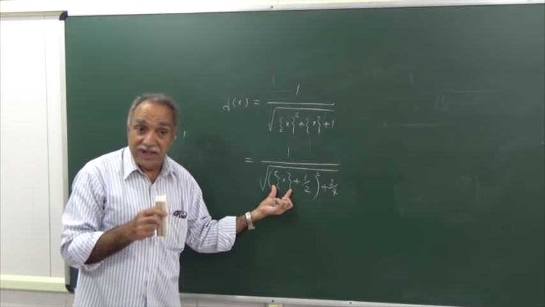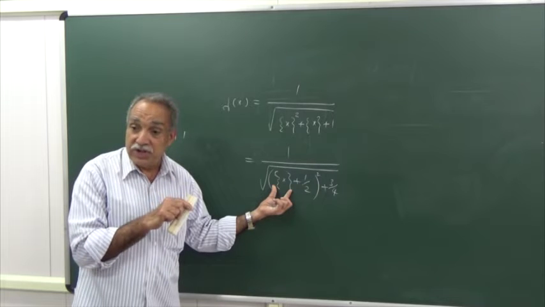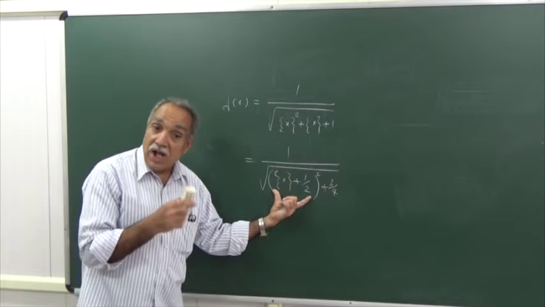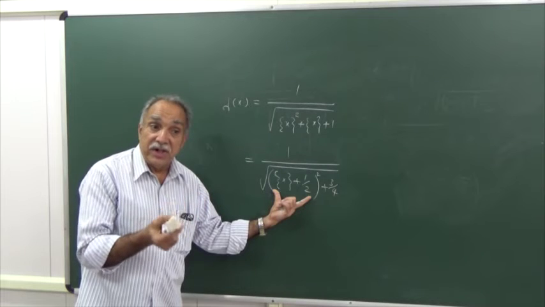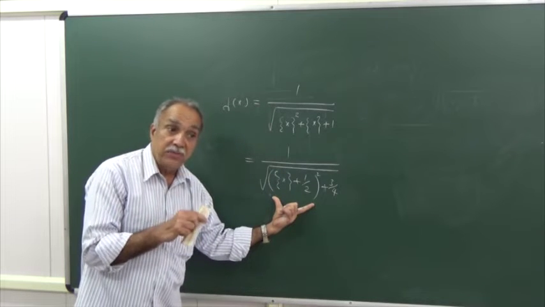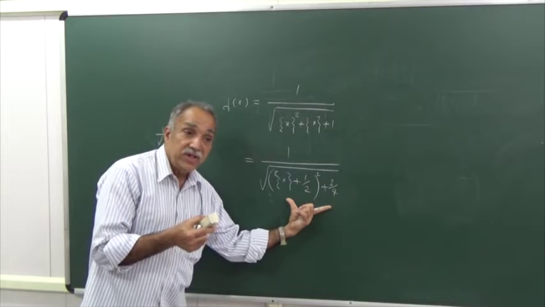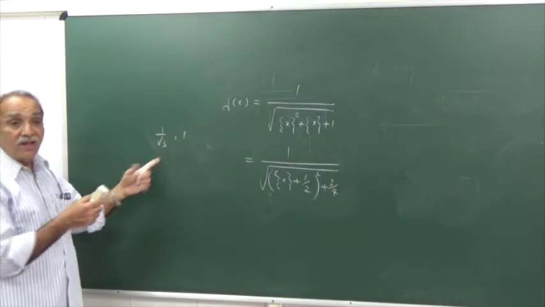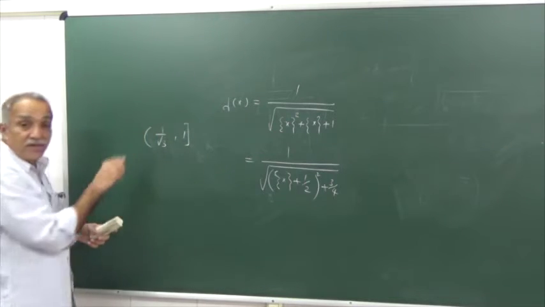Among the admissible values of this, the point 0 is reachable, 1 is not reachable. So, for this sum, half is reachable, the other endpoint 3 by 2 is not reachable. 1 by 4 is reachable, 9 by 4 is not reachable. 1 is reachable, 3 is not reachable. Agreed?